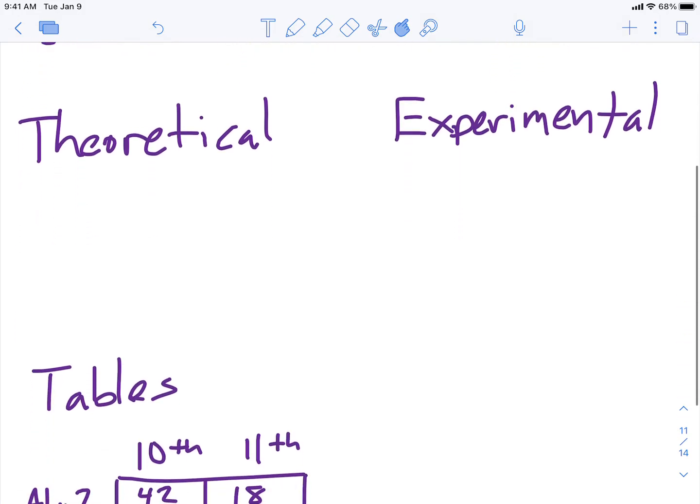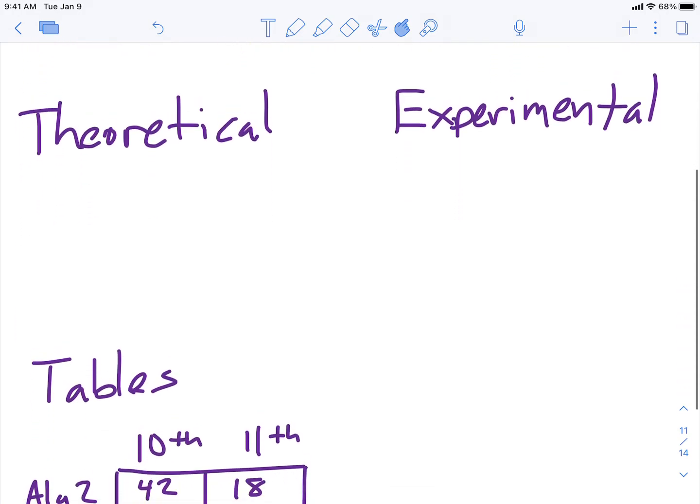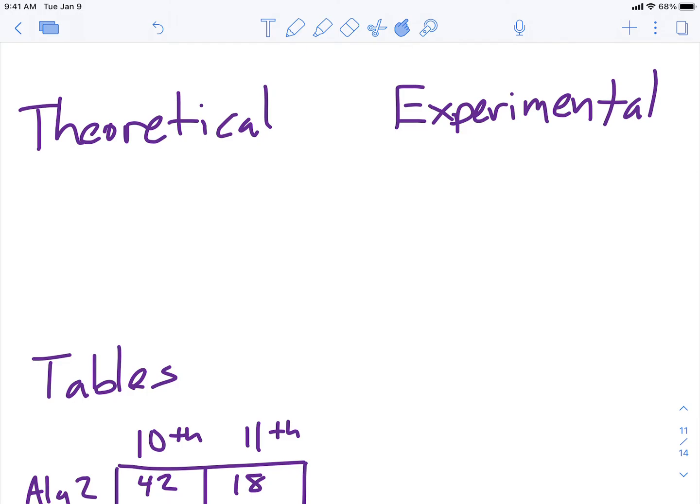All right, theoretical and experimental probability. Theoretical is what should happen, experimental is what actually happens. So theoretical probability is the number of successes over the total possibilities.